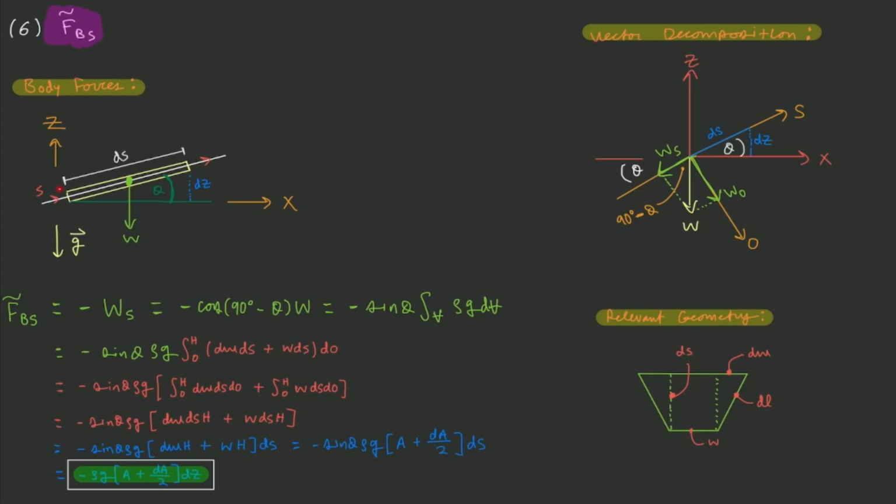But effectively, if you're looking at the side view of this prismatic chip, it has a weight that is acting anti-parallel to positive z in the direction of gravity, right? Looking at our global coordinate systems. And we have our prismatic chip, which is angled up at some angle theta. And this dz is the leg of this right triangle associated with the control surface 2 surface of the prismatic chip. So FBS is the total body force in the S direction.